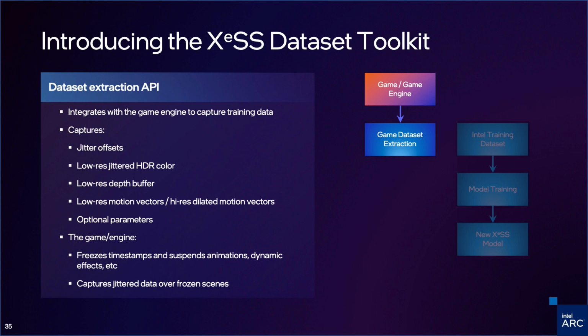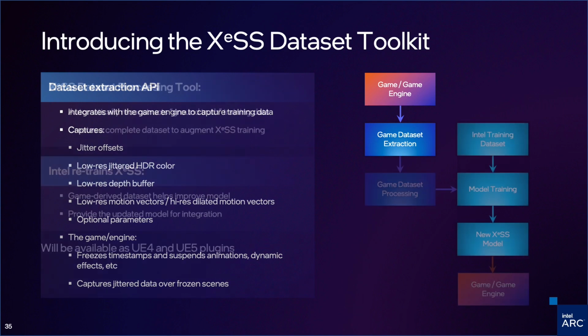This is required to allow capturing multiple jittered, low-resolution frames that correspond to a single original high-resolution frame in the game. Each such sequence of jittered frames captured over a frozen static frame is then used by the dataset processing tool to reconstruct a high-resolution, high-SPP anti-aliased frame that serves as ground truth during XeSS model training.